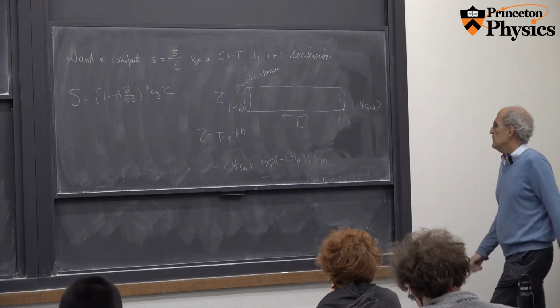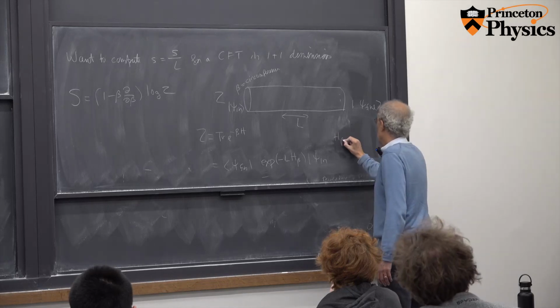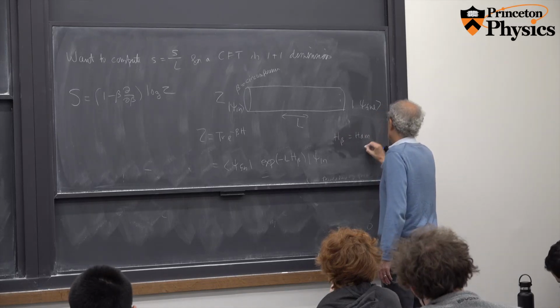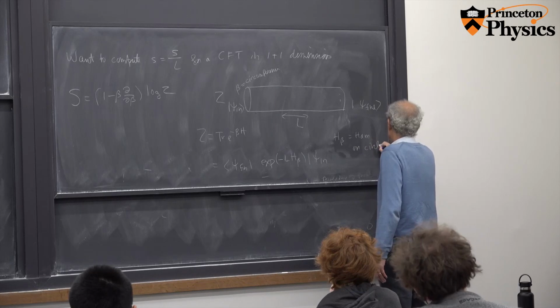I'll call H beta the Hamiltonian on a circle of circumference beta.